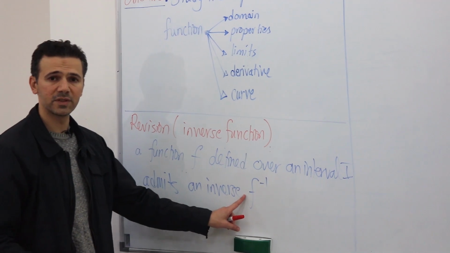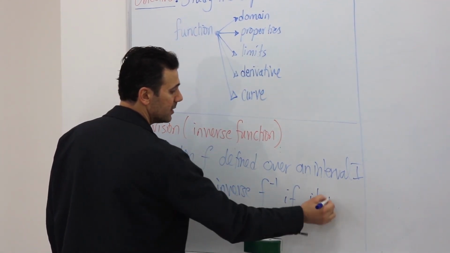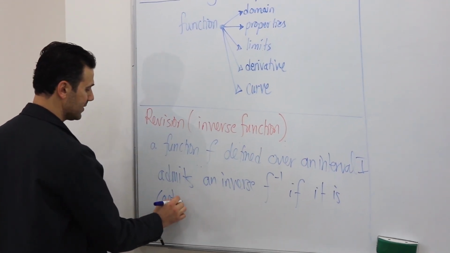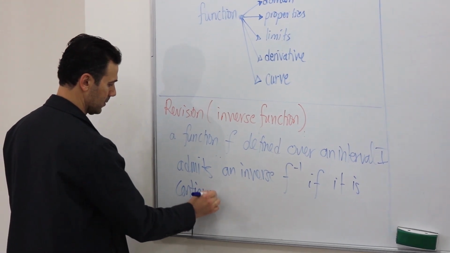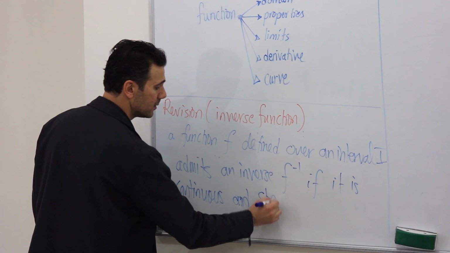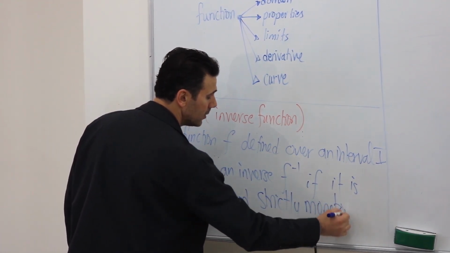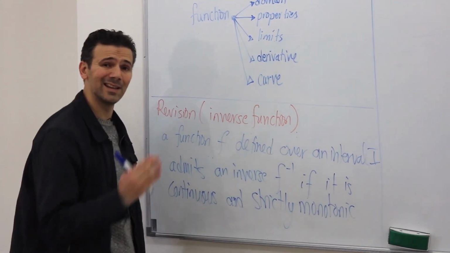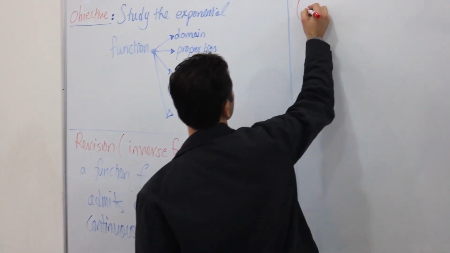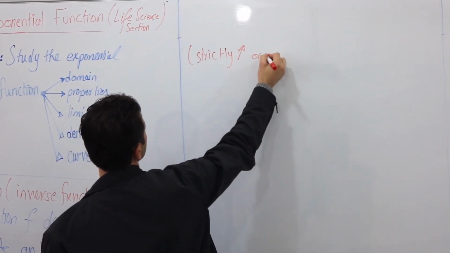The notation of the inverse function is f inverse if it is continuous, as we have said, and strictly monotonic, which means strictly increasing or strictly decreasing. Increasing or decreasing.